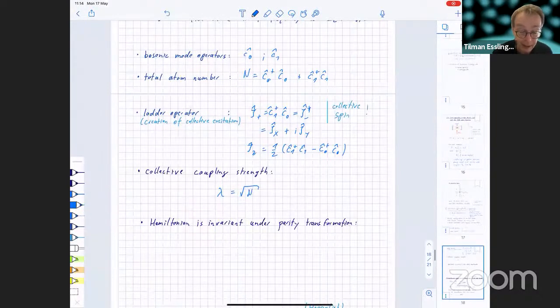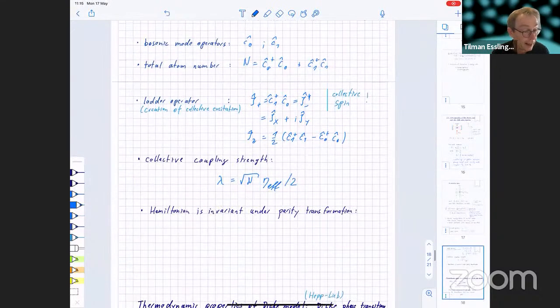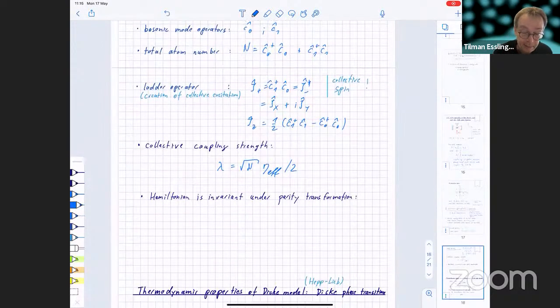I mean, like having a huge dipole that is given by lambda. And the square root of N, where N is the total number of atoms. And what is also important to note is that this Hamiltonian is invariant under a parity transformation. And we will see in the phase transition, that is exactly the symmetry that is broken.